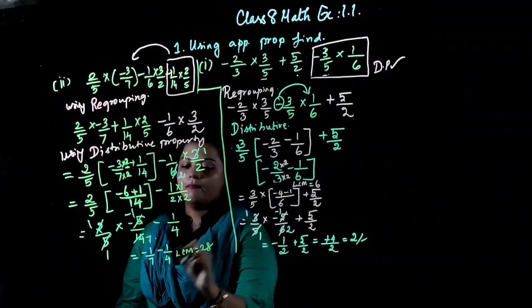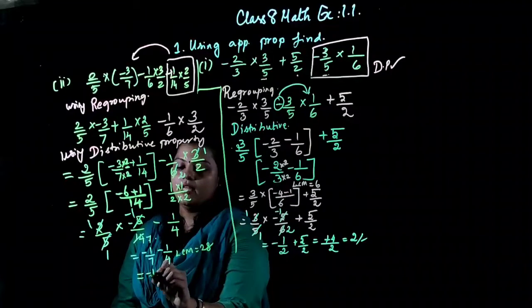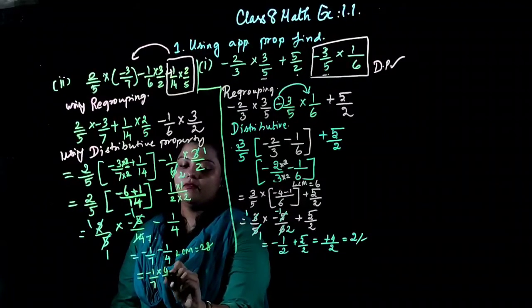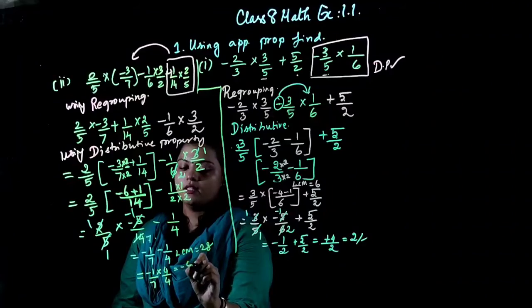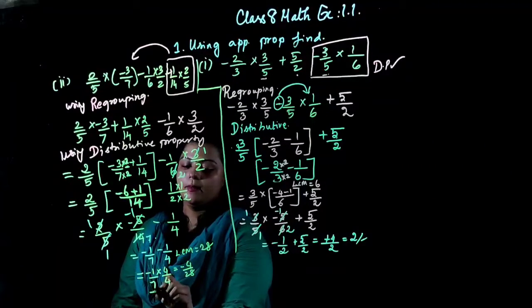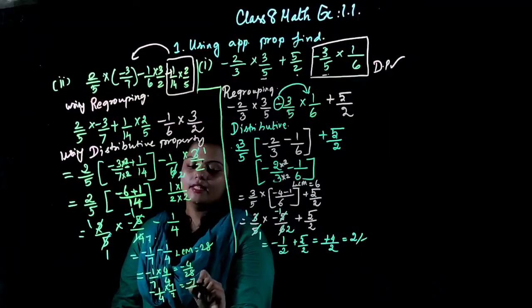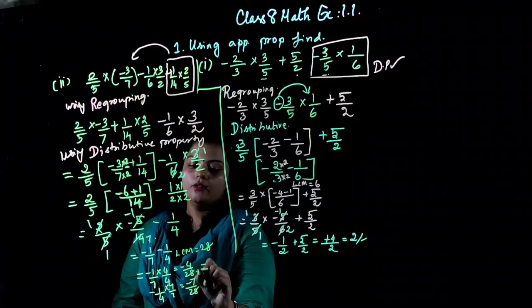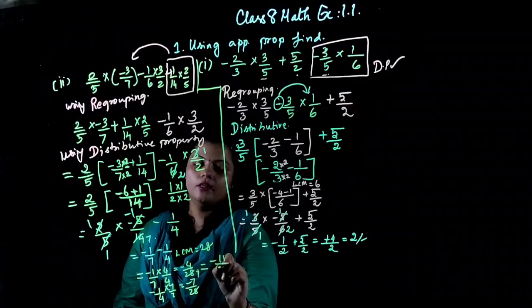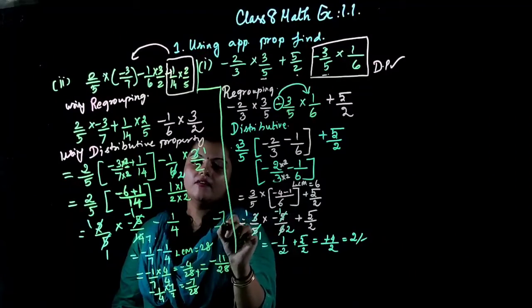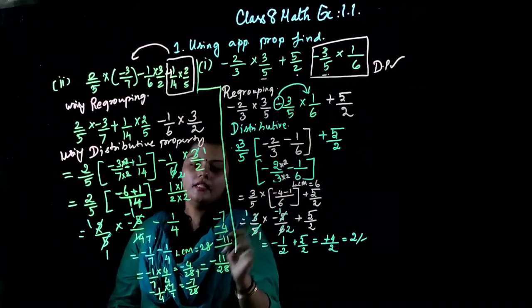Taking LCM as 28, minus 1 by 7 would be multiplied by 4 and divided by 4, so minus 4 by 28, and minus 1 by 4 would be multiplied by 7 and divided by 7, so minus 7 by 28. Upon addition you will get minus 11 by 28, because minus 7 minus 4 is minus 11.